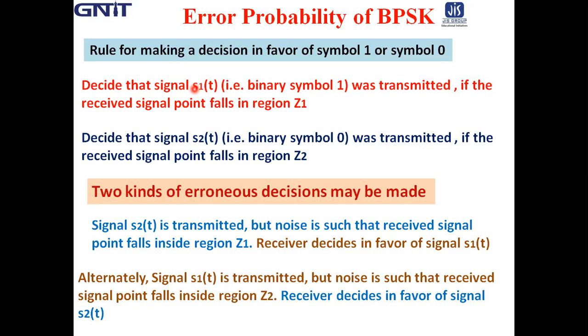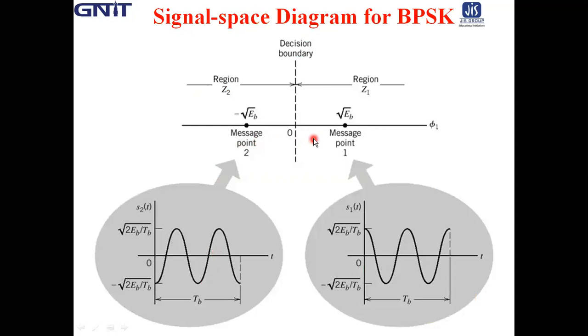Suppose that signal S2(t) is transmitted, but the noise is such that the received signal point falls inside region Z1. So your message point average should be at this location, their mean value.